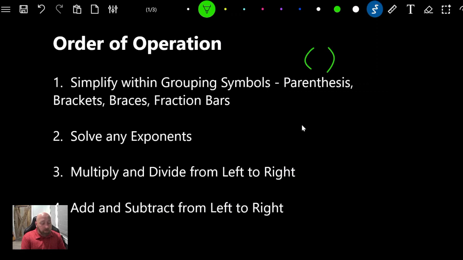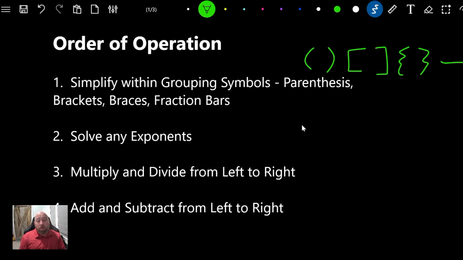That's from English or just from using it in math class. Brackets would look like basically just something like that. Braces, I'm really bad at drawing braces, so I don't really even try. I just make them ugly and then you just deal with it. And then a fraction bar is literally just like a fraction bar.